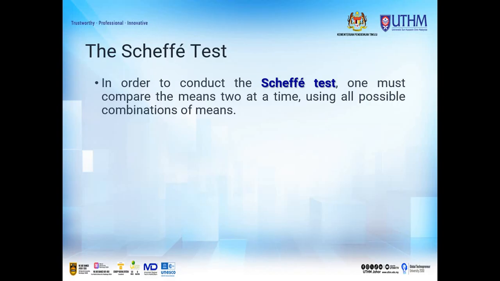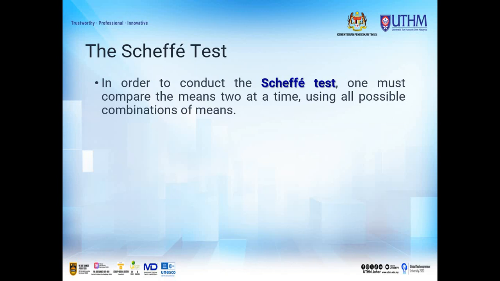So, the Scheffé test. In order to conduct the Scheffé test, one must compare the means two at a time using all possible combinations. So we have three different combinations for three samples. It is just like what we learned about probability, all the possibilities.